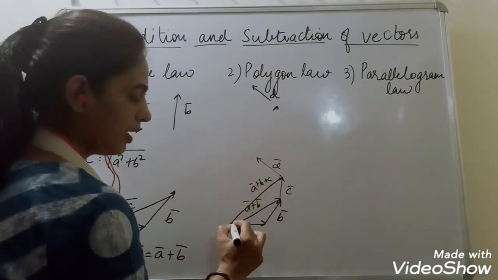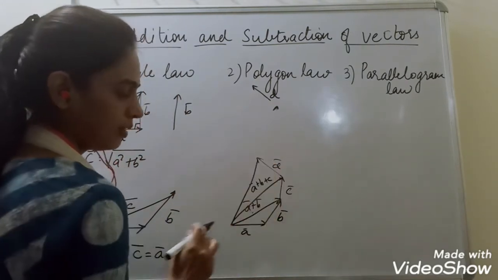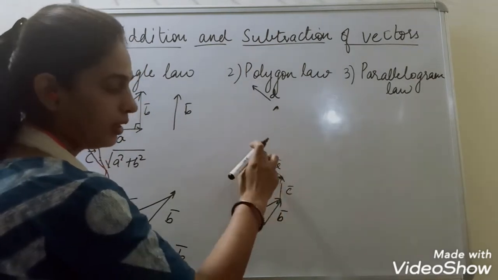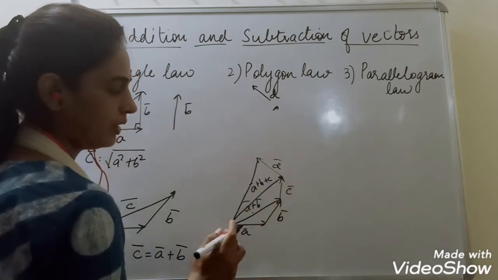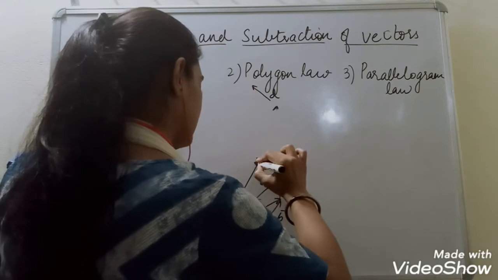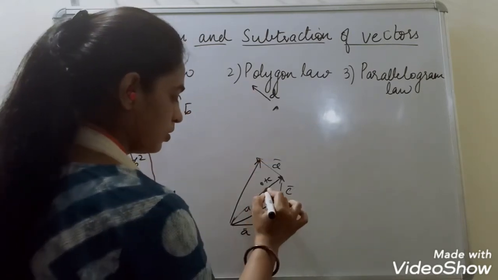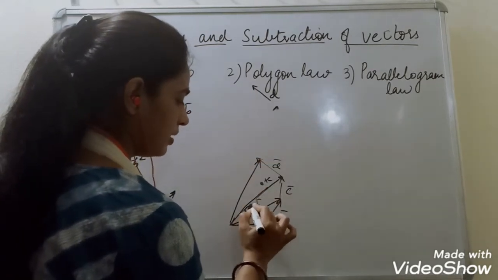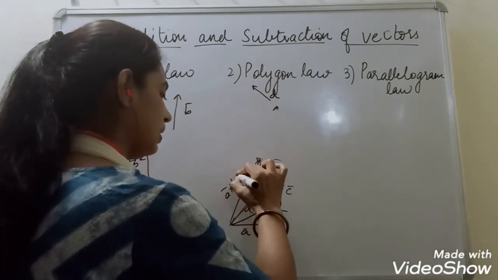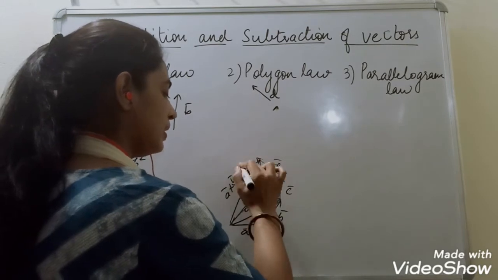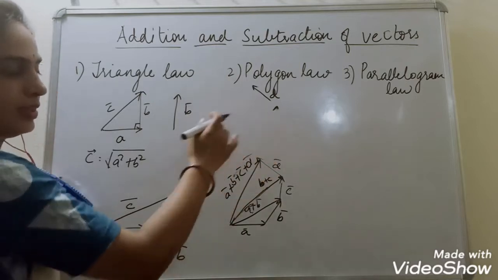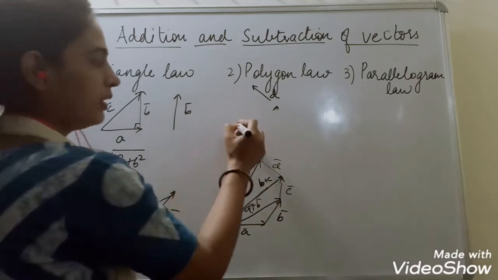So again joining, head of one, tail of the other, the resultant goes like this. It will be a straight line. So you get the resultant of all the vectors. Now this is A plus B plus C plus D. Okay, so this is the final resultant. This is the polygon law of vector addition.